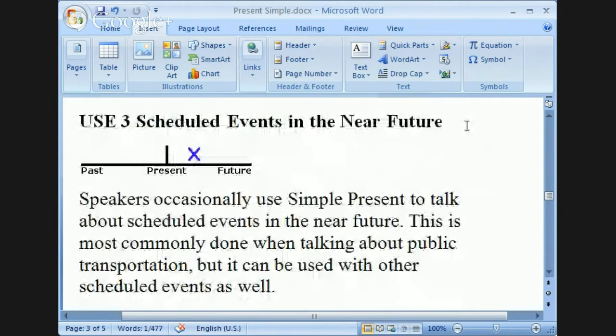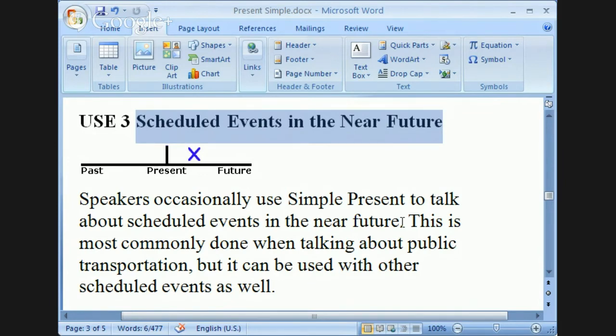Let's move on to use number 3. Scheduled events in the near future. Okay. Now this is a little different. Occasionally, speakers will use simple present to talk about a scheduled event in the near future. All right, this is a little odd because, of course, you would think that there are other possibilities, for example, using simple future.